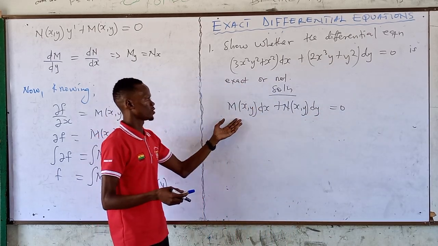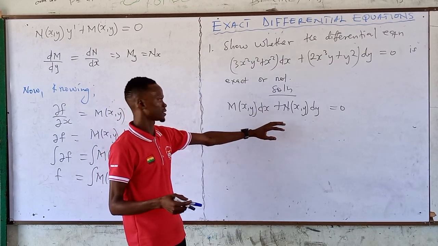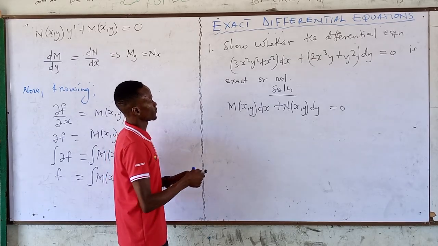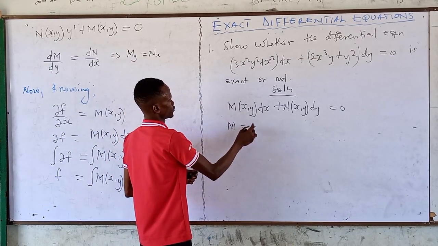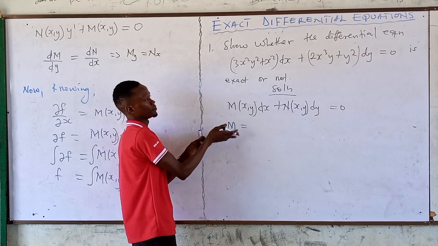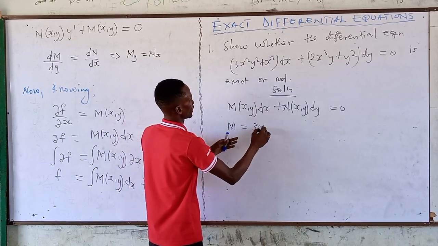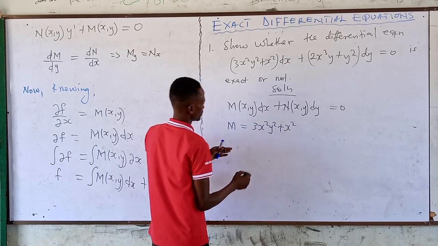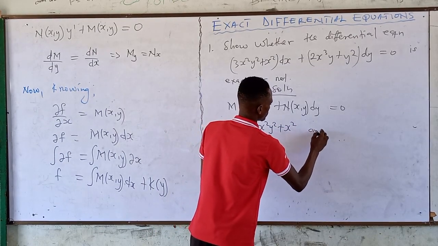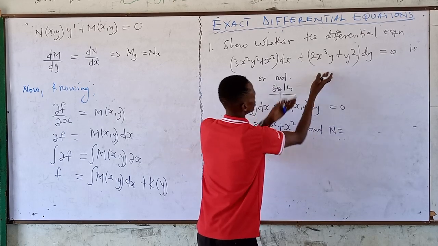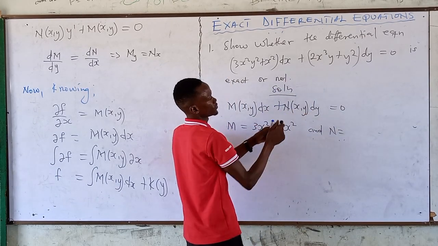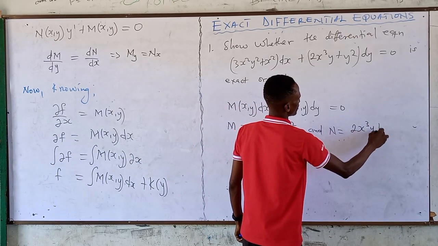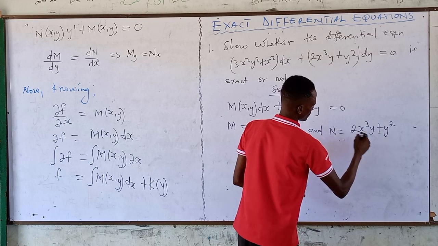If this is the form of the differential equation that is exact, then comparing this to what we have here, ignoring the x and the y, we have M equal to 3x squared y squared plus x squared. And then N, the one with the dy, is 2x cubed y plus y squared.